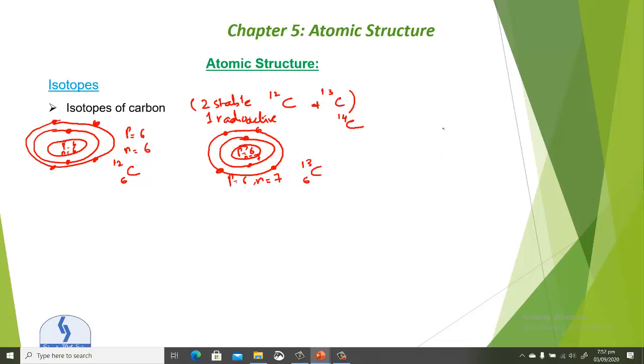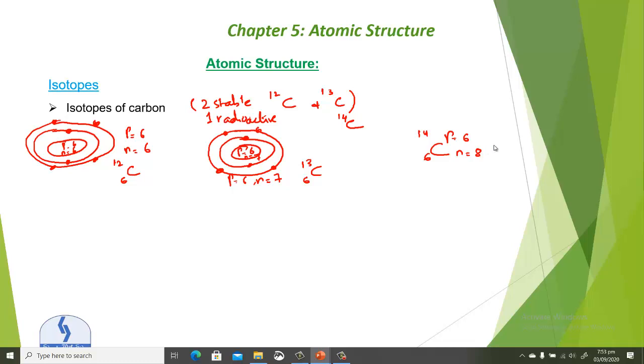Now the last one is C14 and 6. You can draw it yourself. It has neutron 8. In carbon C14, proton 6, neutron 8. So this is about the isotopes of carbon.